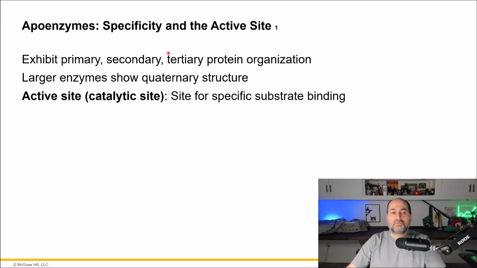And that folded protein, each protein folds in a particular way so that it has a very special site. If it's an enzyme, it's going to have a special site called an active site. This is the catalytic site. This is a site that's folded perfectly to accommodate the substrate that the enzyme is going to act upon, right? So the substrate binds to the active site on the enzyme, right? Why? Because of the perfect folding of that tertiary structure of the protein.